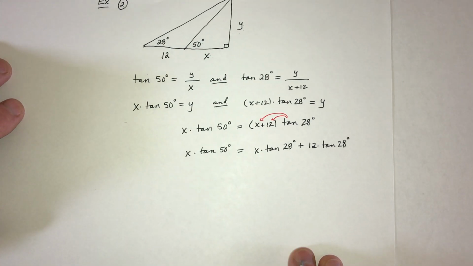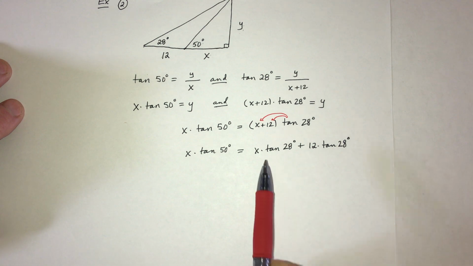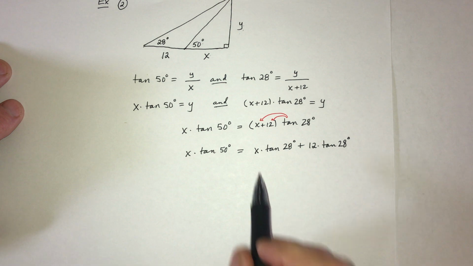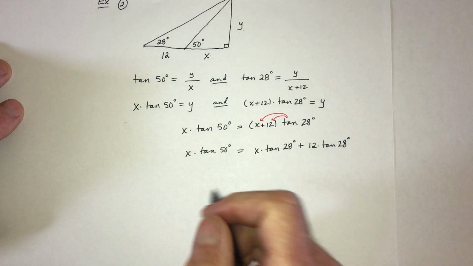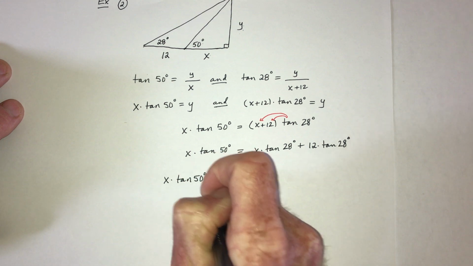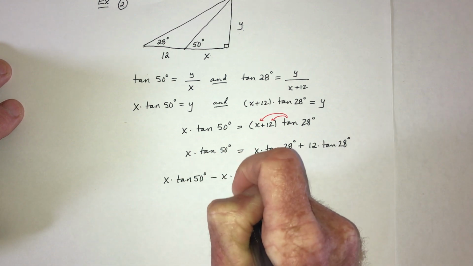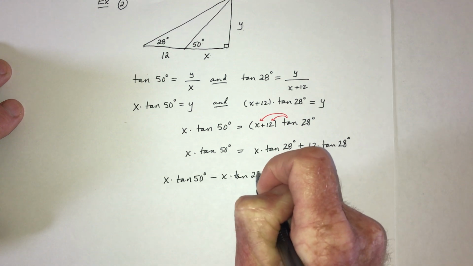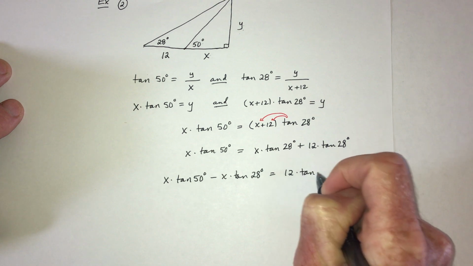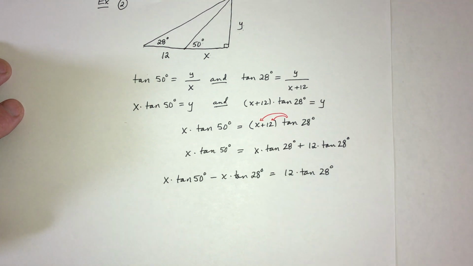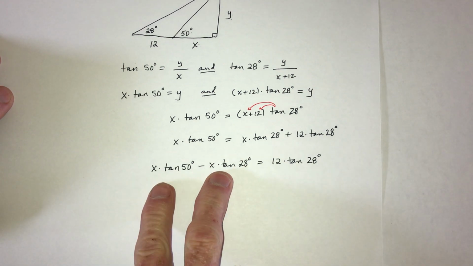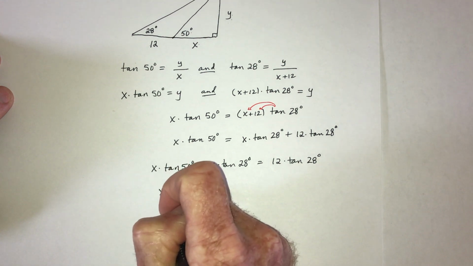Okay, good. We're getting close to being done. This has an x and this has an x. So what I should do is put everything that has x on one side. So I need to subtract this term. So the left side will have x tangent of 50 degrees and then minus x tangent of 28 degrees. And the right side just has 12 tangent of 28 degrees. Now since each one of these has an x, you could factor out x.